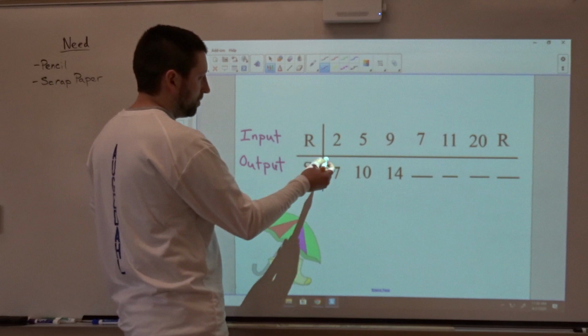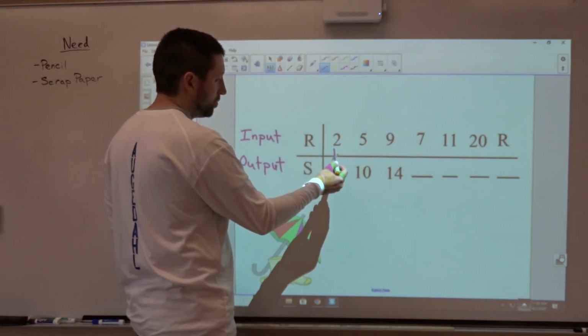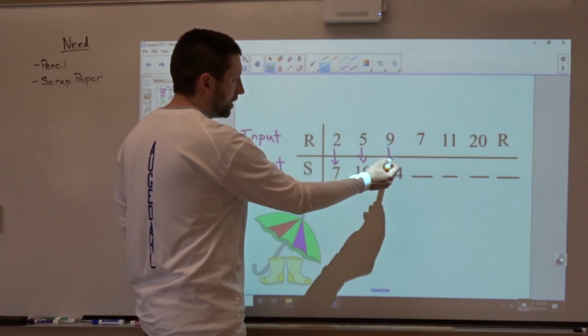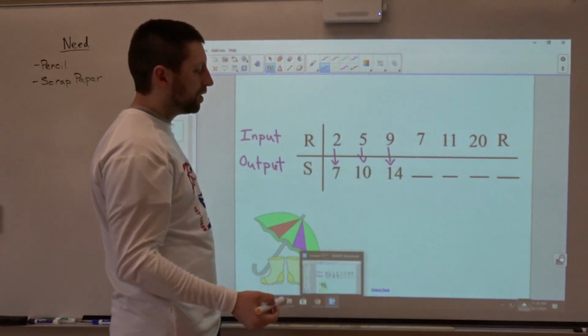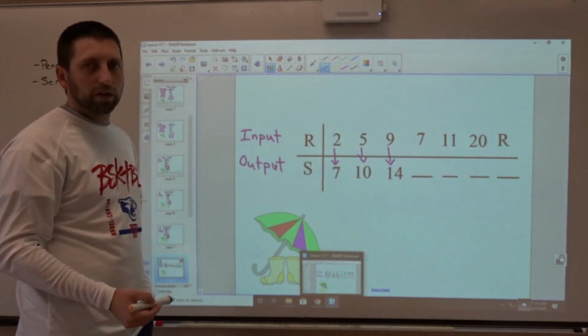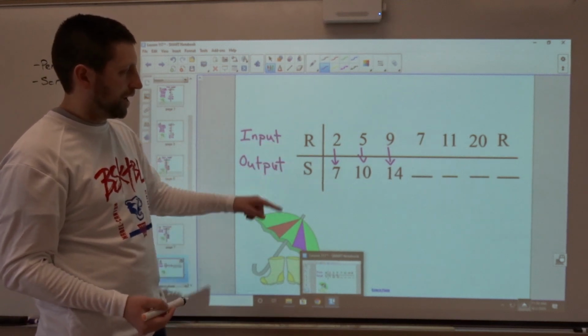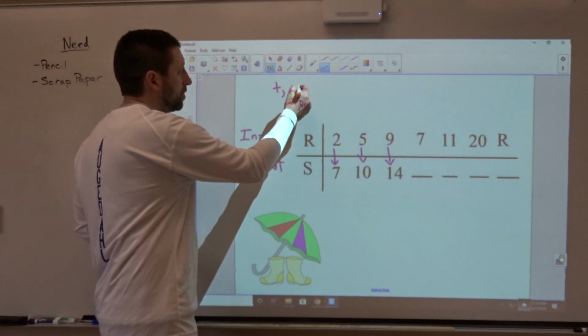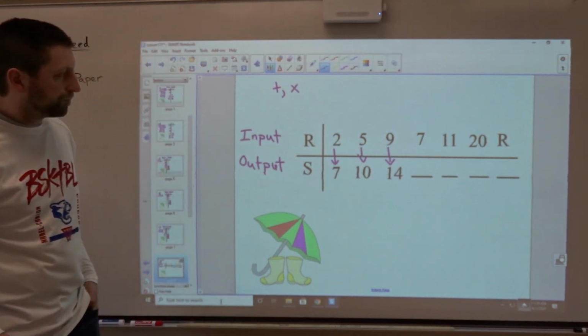As I go from the input to the output, the 3 sets that I know, all of the numbers are getting bigger as we go from R to S. So we have to either be adding or multiplying. Okay?